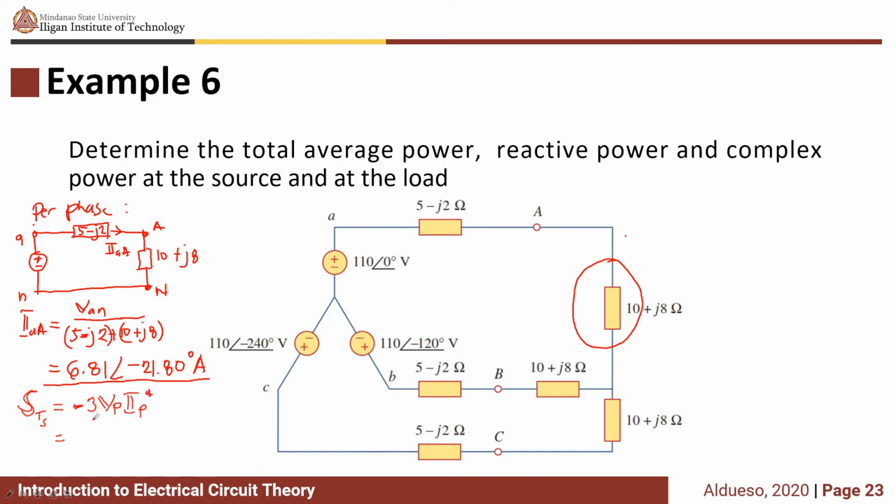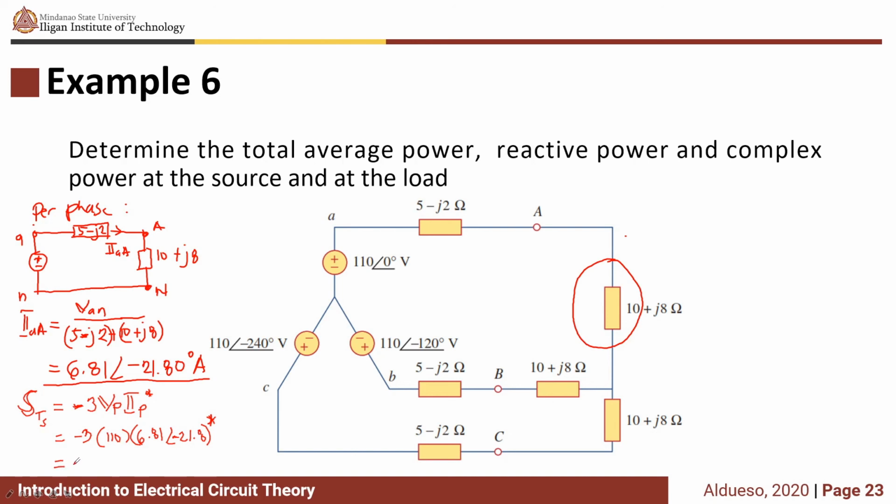We have Vp as 110 angle 0 times 6.81 angle of negative 21.8 conjugate.